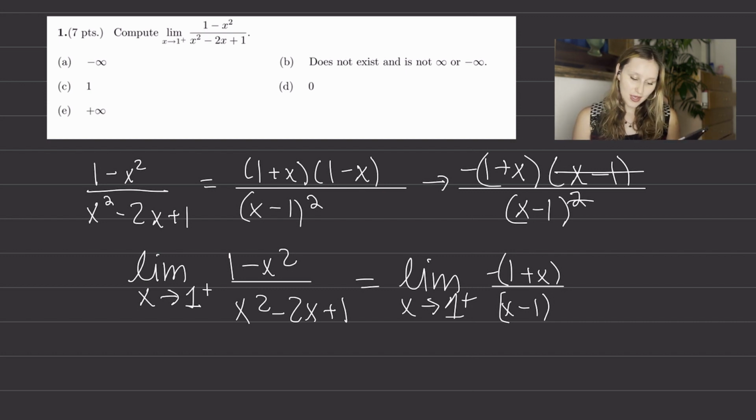Alright. So, can't do anything else here. So let's just estimate. So if we're going to plug in 1, on the top we get minus 1 plus, let's plug in 1, we're going to get 0.